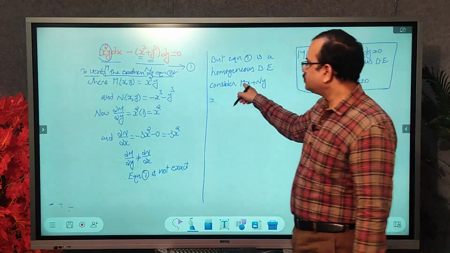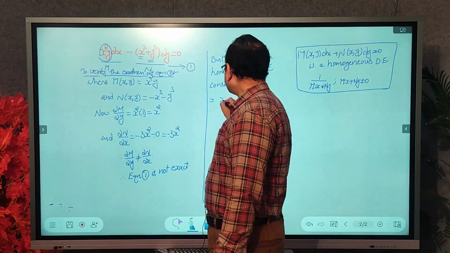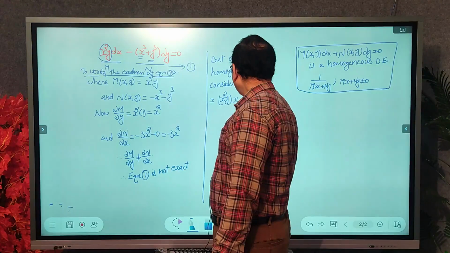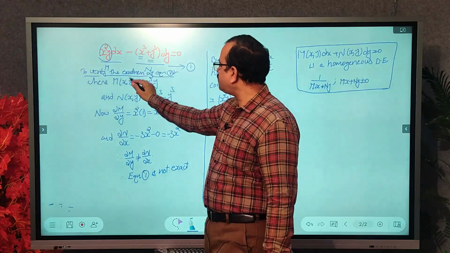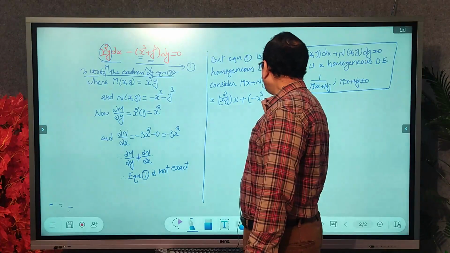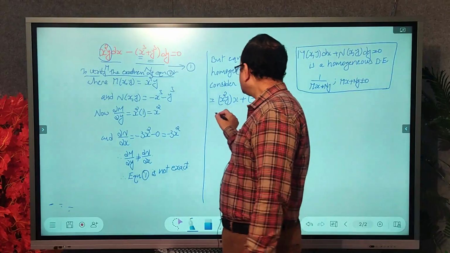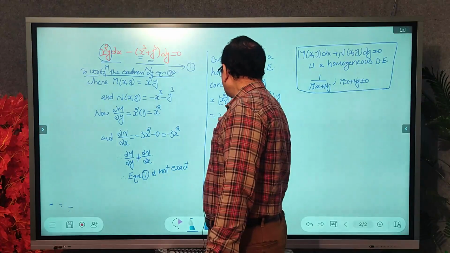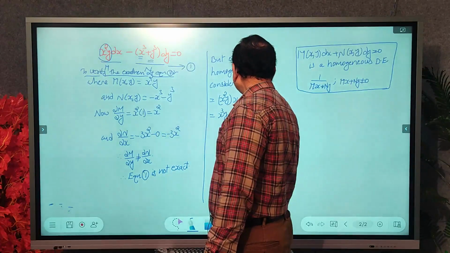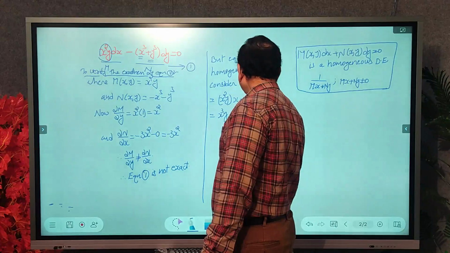Now here M is nothing but x square y. So x square y into x plus N, which is minus x cube minus y cube, into y. If you simplify this, we get x cube y minus x cube y minus y power 4.